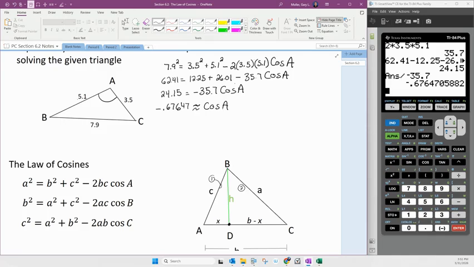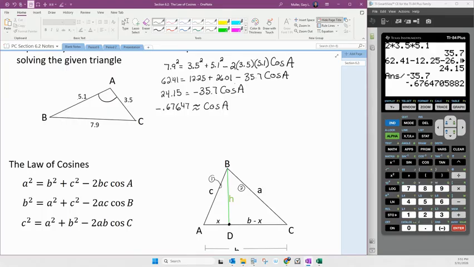If the drawing is at all accurate, we're looking for an obtuse angle. Drawn in standard position, that would be an angle in quadrant 2 on a unit circle, and we know that the cosine would be negative in quadrant 2.